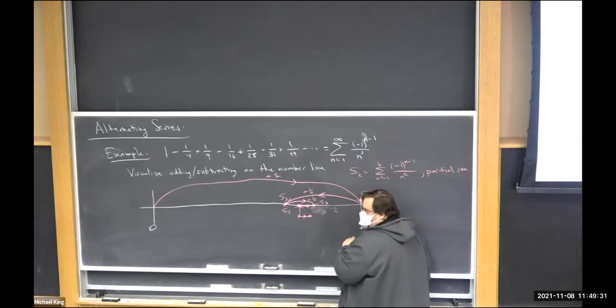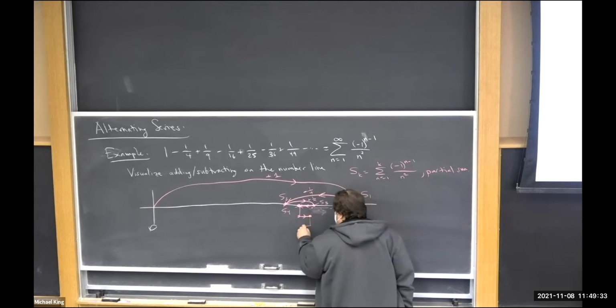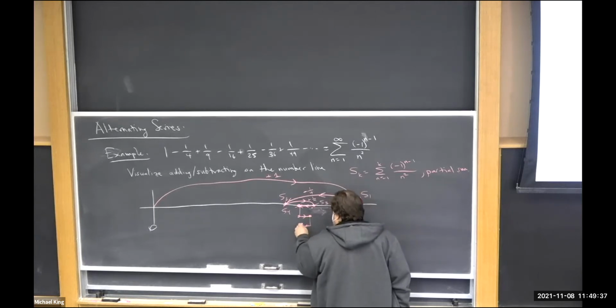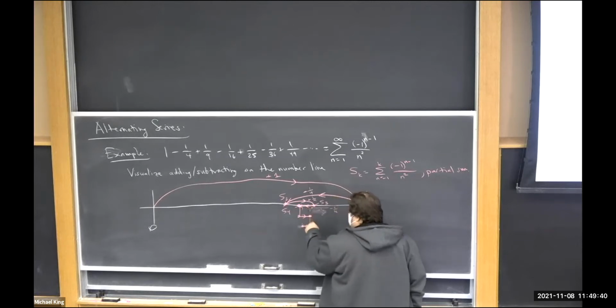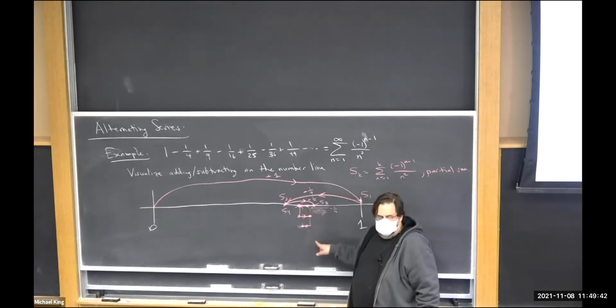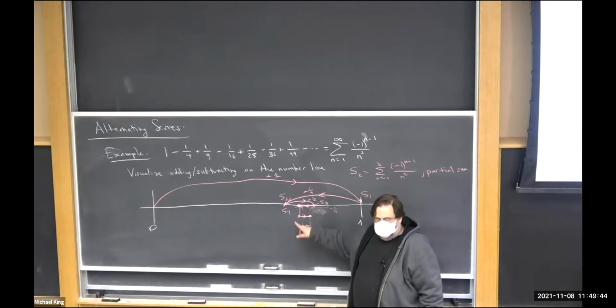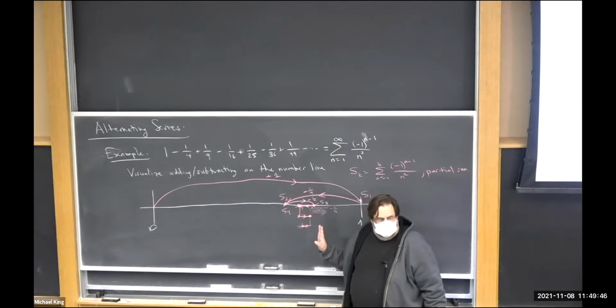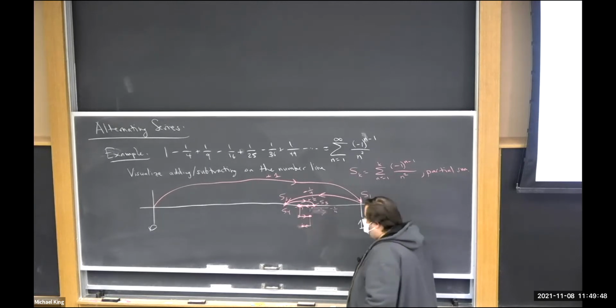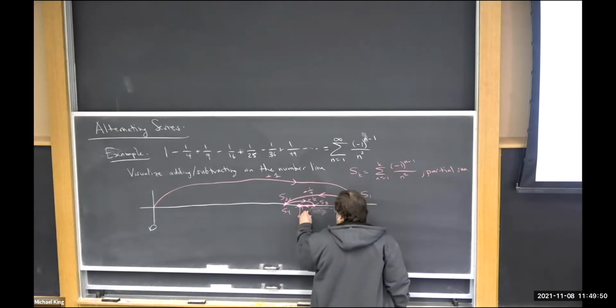That would be adding a 25th, and then subtracting a 36th. I'm just going down to get out of the way of what I'm doing. Does that make sense? These vertical things don't mean anything mathematically. I'm just trying to get out of my own way. So this is plus 1 over 25, minus 1 over 36.